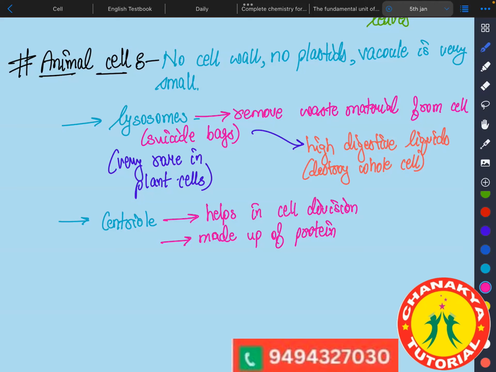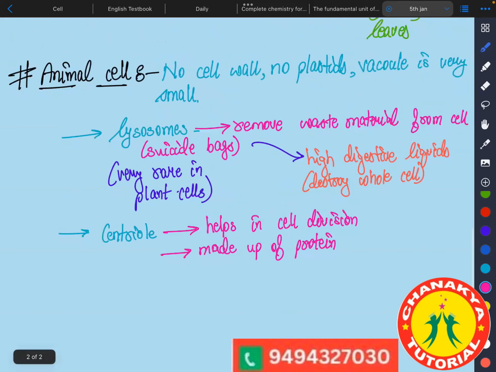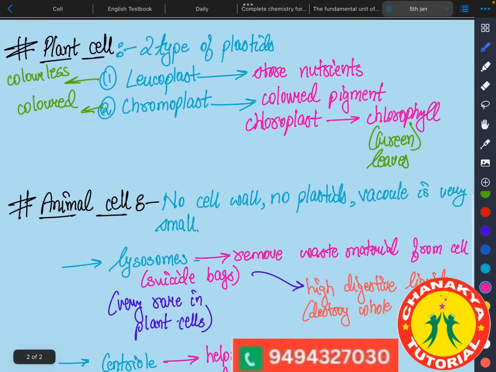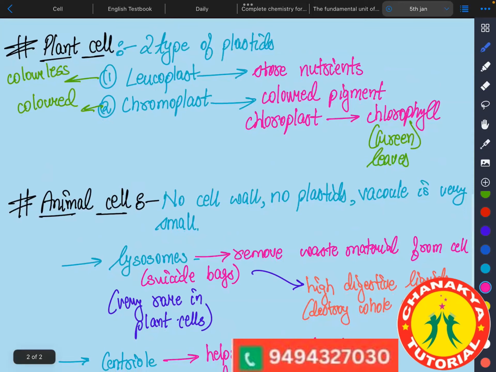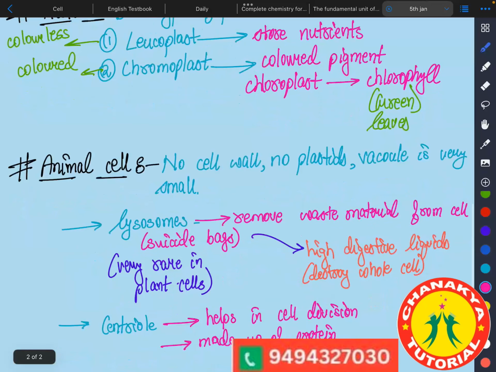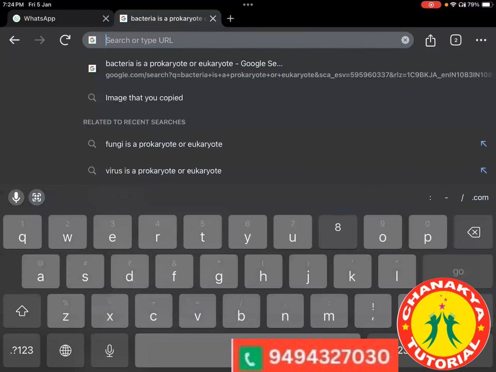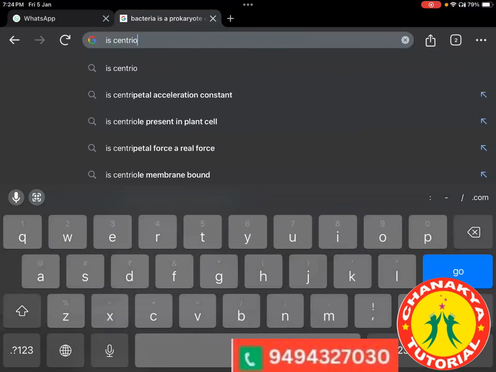Now, sir, is centriole present in plant cell? I think cell division is there in plants also, and in animals also. Let us confirm.